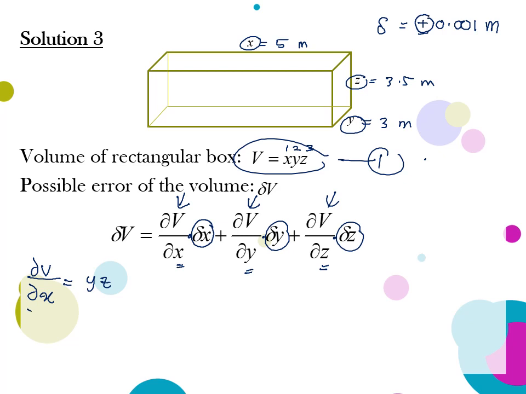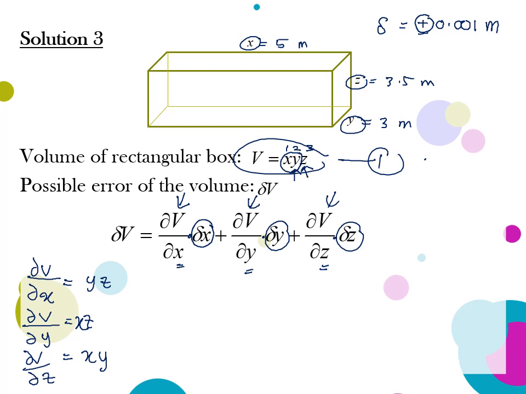Then do for y. When you differentiate y, you just concentrate on y and treat the others as constants. You will get 1 times xz, so you will get xz. For del V del z, you concentrate on z, and these two will be constants, so you will get xy.